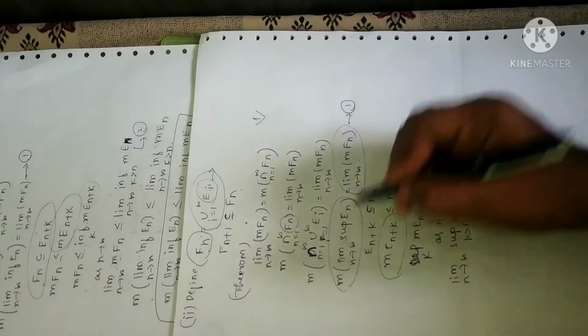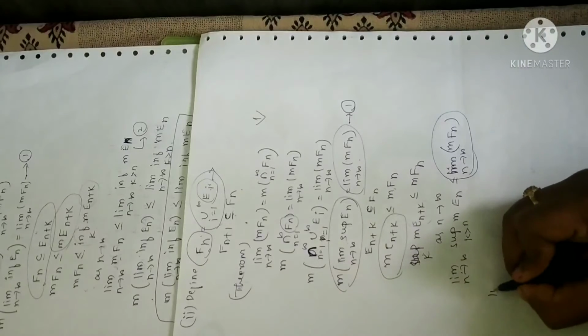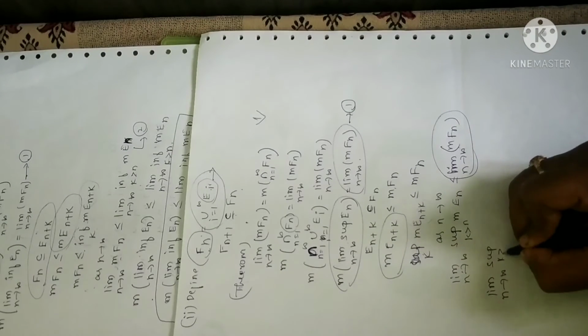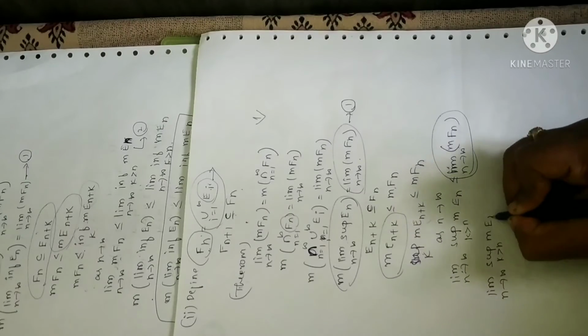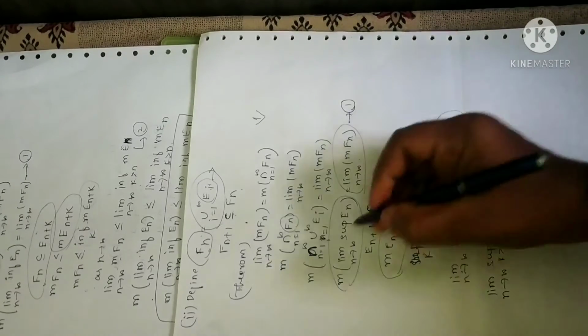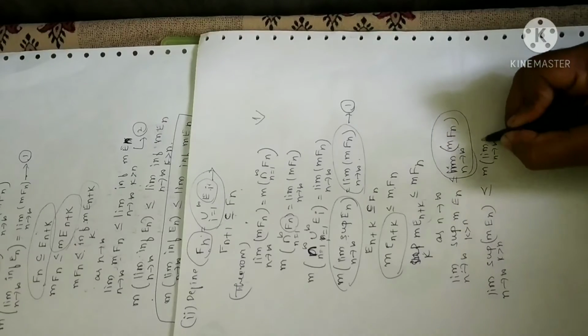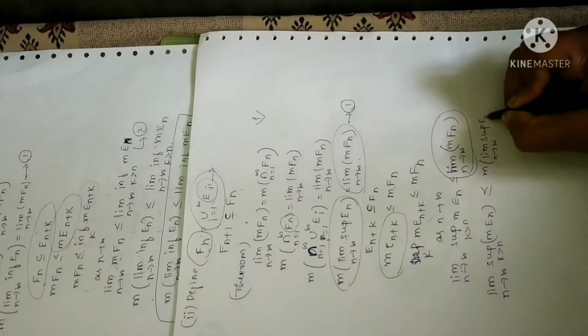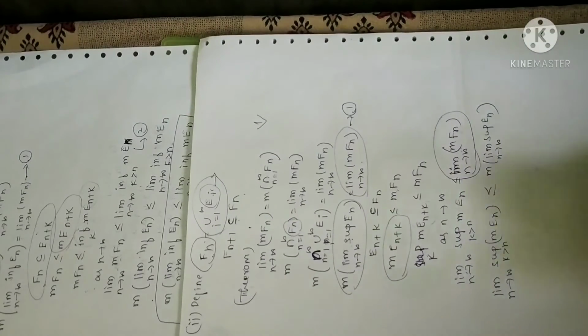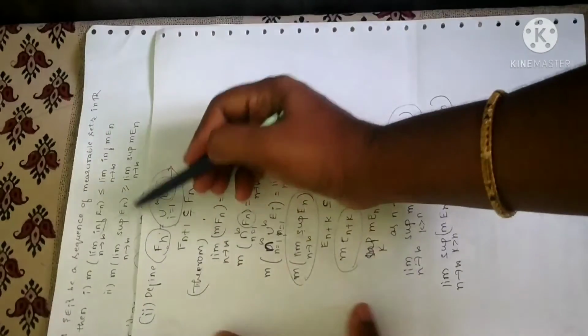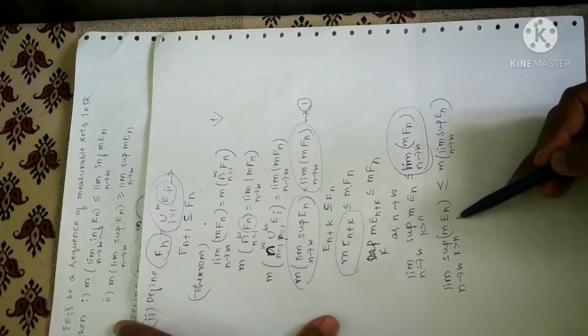I will keep this as it is. Limit n tending to infinity supremum over k greater than n of measure of En will be less than or equal to, I can replace this with measure of limit n tending to infinity supremum of En. So now look at the second statement that we require to prove: measure of limit n tending to infinity supremum of m of En.